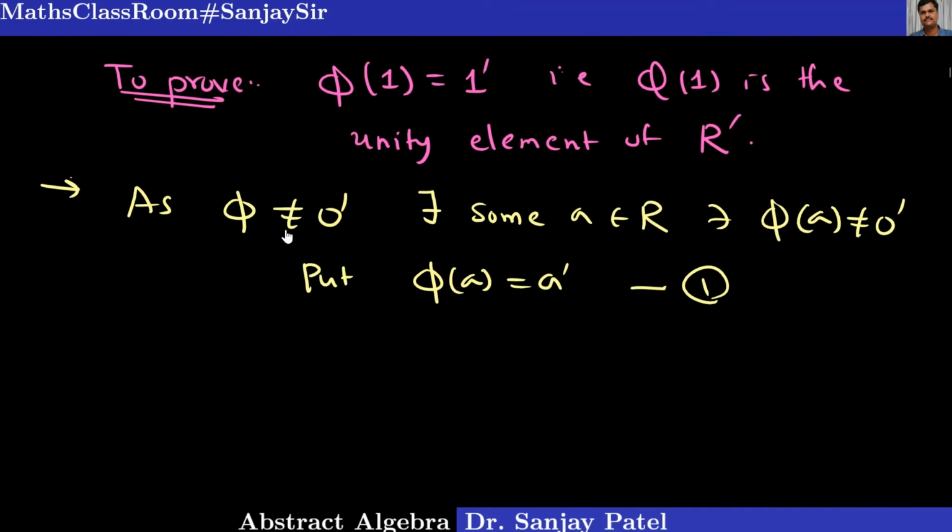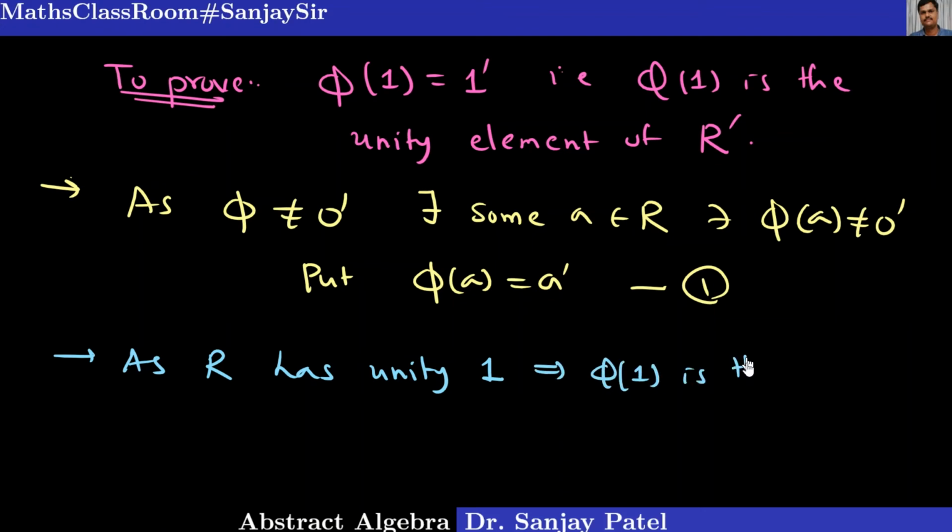Now by result 3, we know that phi of 1 is the unity element. So I can write this way: as R has unity element 1, this implies phi of 1 is the unity element of phi of R. This is because of our previous result. We have proved this in the previous result.